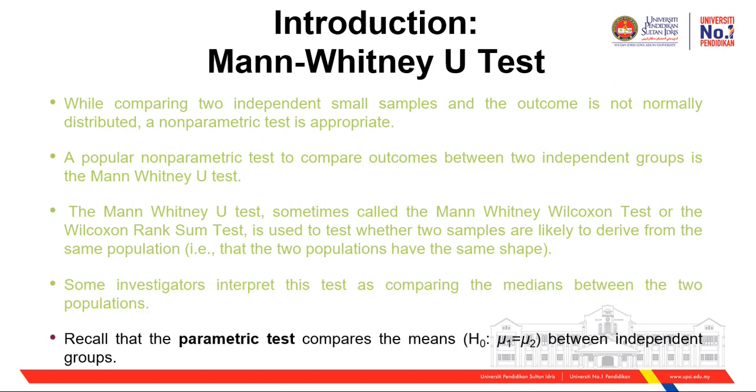If you remember in SMS 3033, you learned about parametric tests, in which we compare means between independent groups. In this non-parametric case, we use the Mann-Whitney test to compare medians between independent groups.